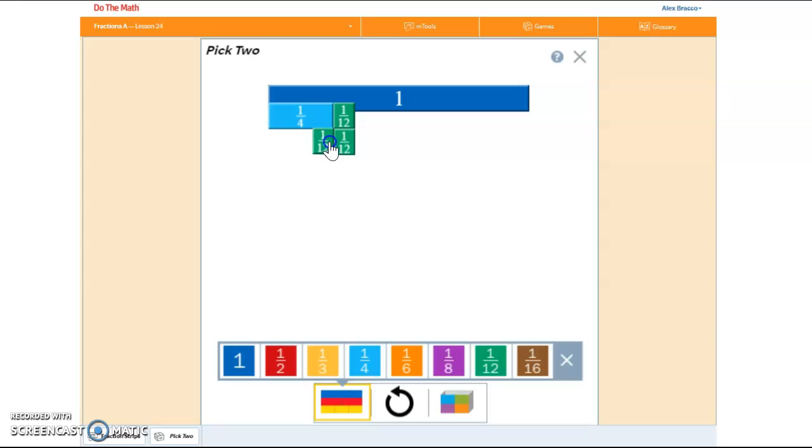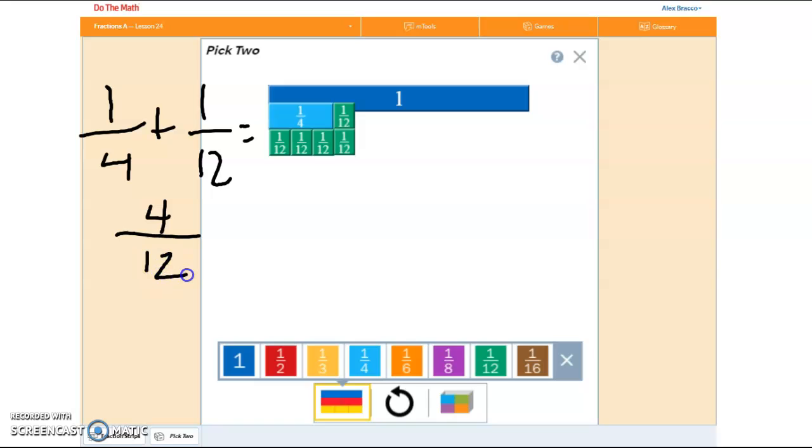How many is it equivalent to? 1, 2, 3. So how many total? It's 4/12. Then you could write your equation as 1/4 plus 1/12 equals 4/12. That is showing you how to add unlike denominators.